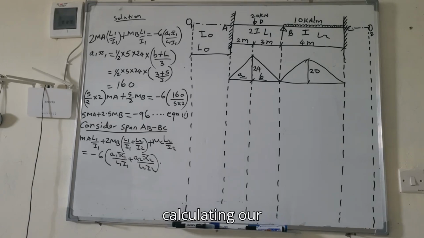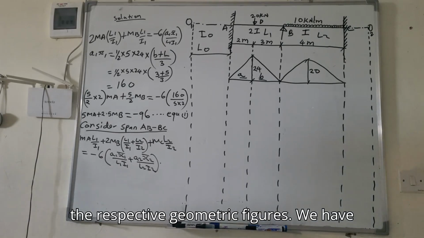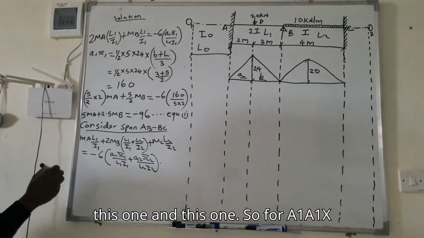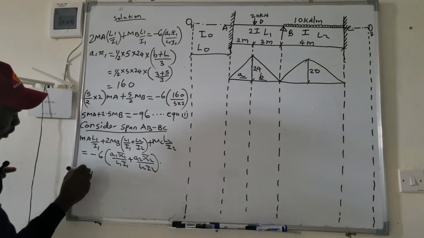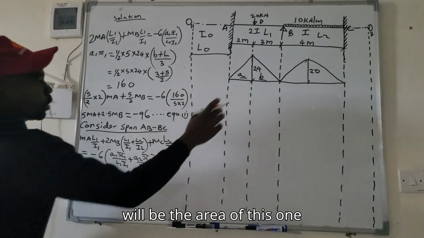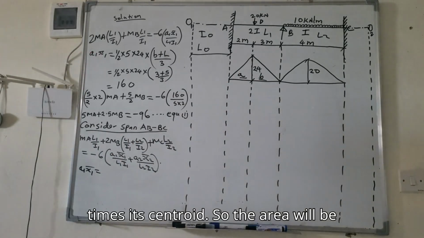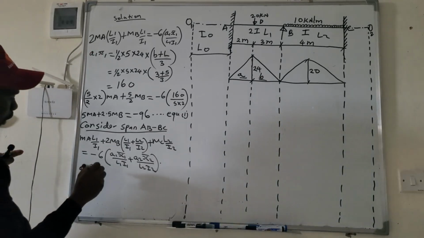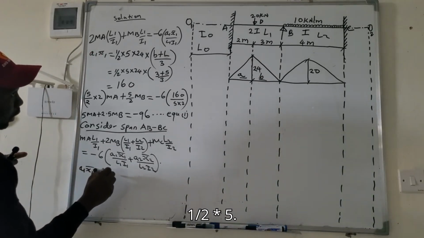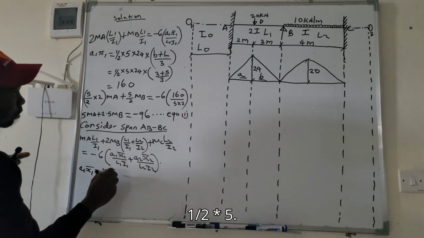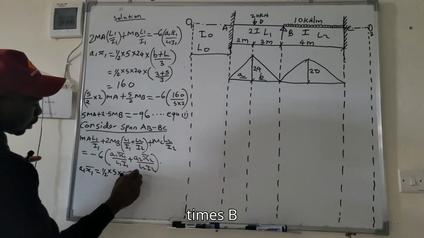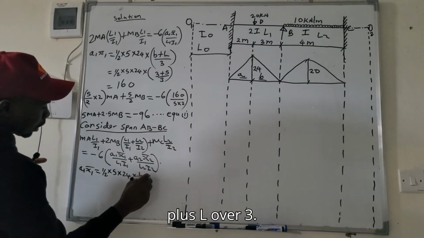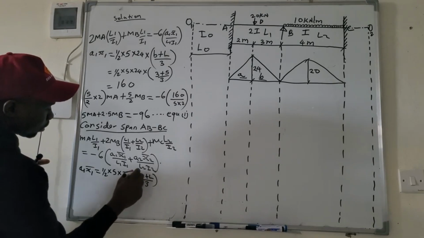Again, we will start calculating our areas and centroids of the respective geometric figures. We have this one and this one. So for A1, A1 x bar 1 will be the area of this one times its centroid. So the area will be a half times 5 times 24 times B plus L over 3.